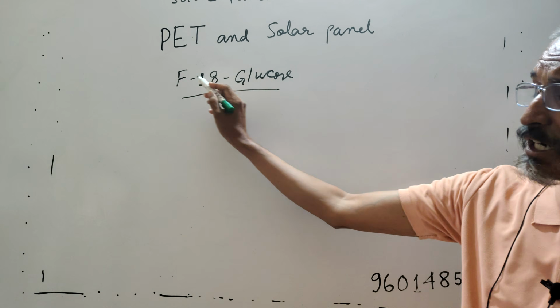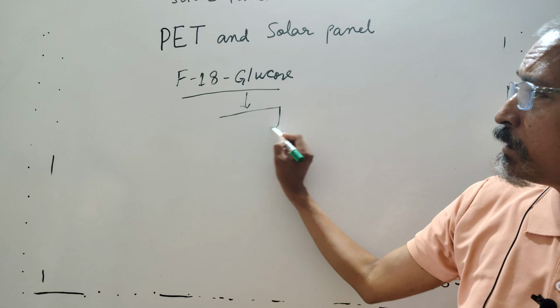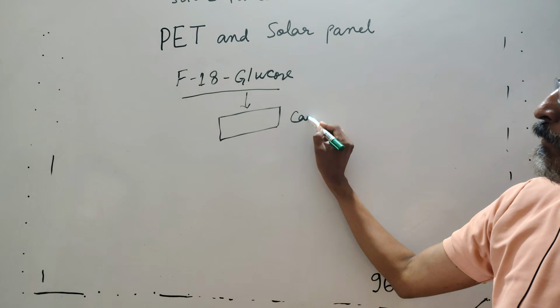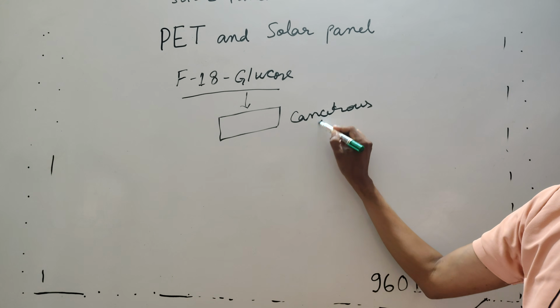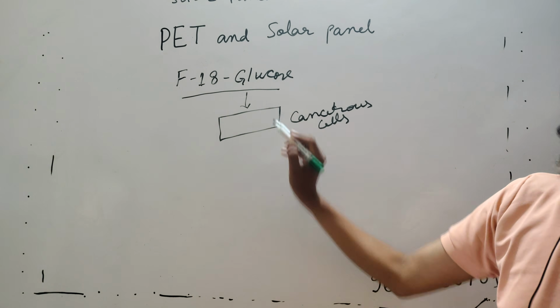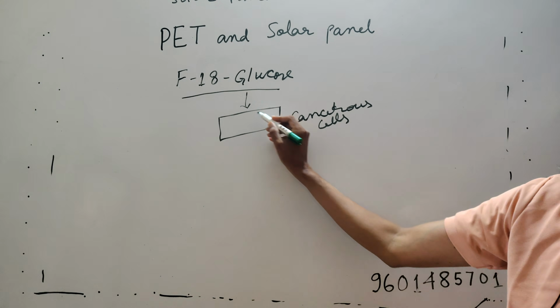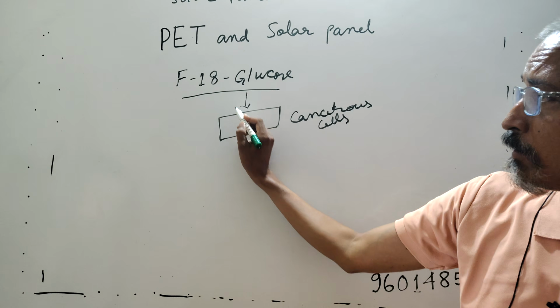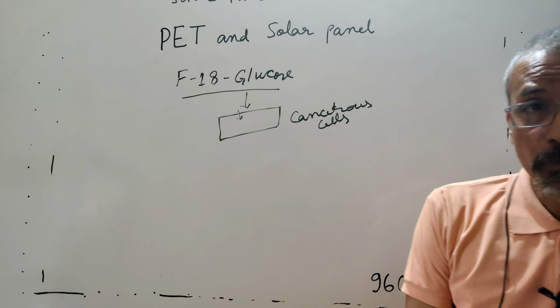Since glucose is attached with the F18, if glucose is used up by the cancerous cells in higher amount, the attached F18 will also come to that tissue.